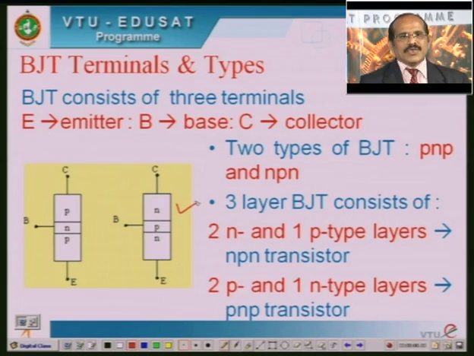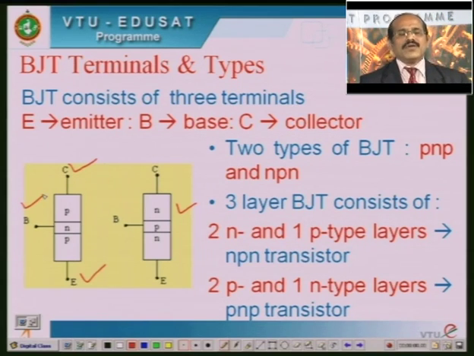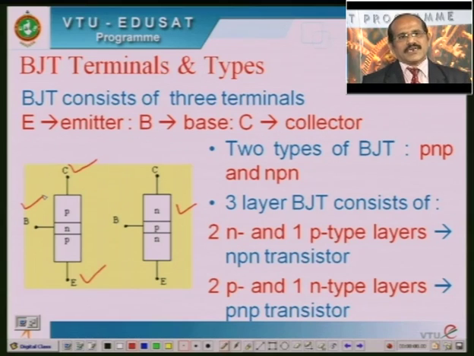Apart from that, the BJT has three terminals: one is called the emitter, the other is the collector, then the base. So the bipolar junction transistor has three layers, either PNP or NPN, with three terminals: emitter, collector and base.